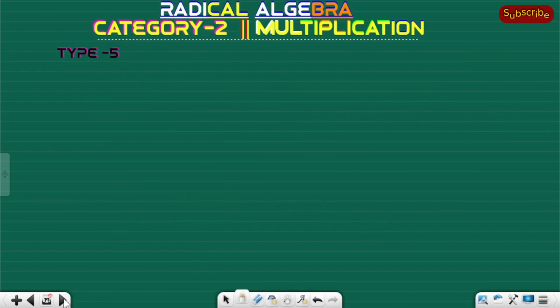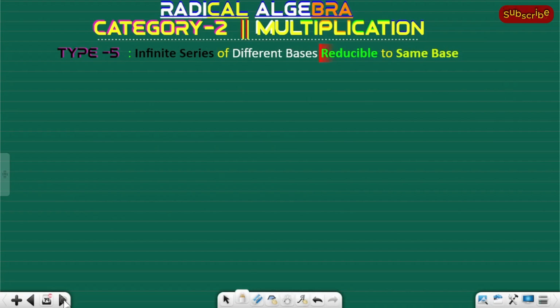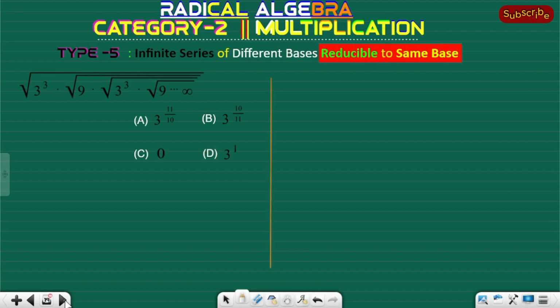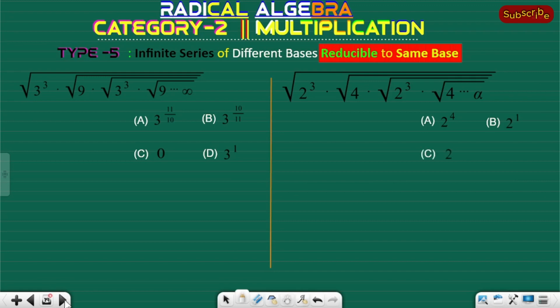Let us see an example. It will be easy through examples. Let's see both the questions, then we will solve. Here it is 3 cube. I think I have done this in the previous slide.